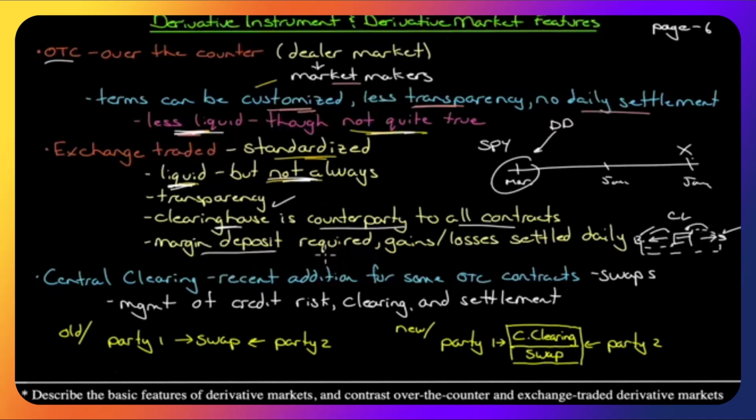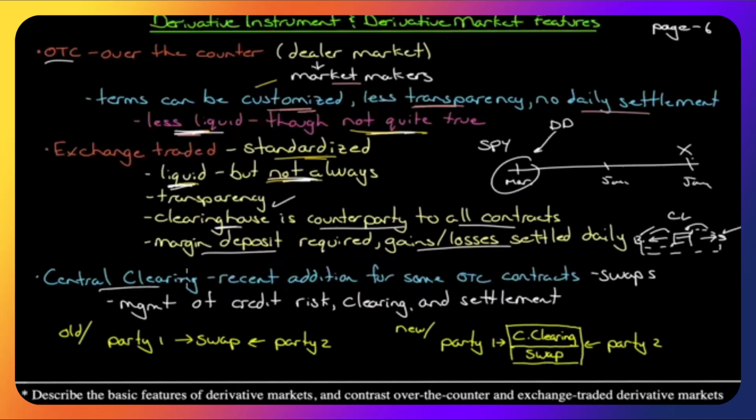Margin deposit is required, and all gains and losses are settled every day. So even if it's a 6-month contract, we don't wait 6 months to change cash flows. If at the end of the first day I happen to be in gains, I get my money. We're going to see how this works in the modules ahead.